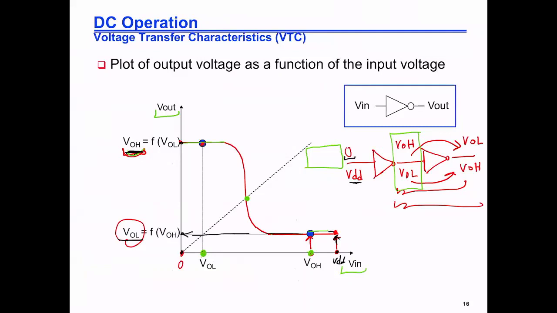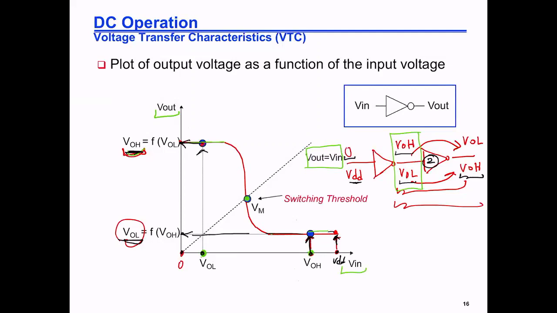And we said now, at the later stages in the circuit, I cannot anymore operate at 0 and VDD because the signal will propagate, the maximum value being VOH or the minimum value being VOL. And therefore, for inverter number 2, if the input is VOH, I will get VOL, and if the input is VOL, I'm going to get the output as VOH.